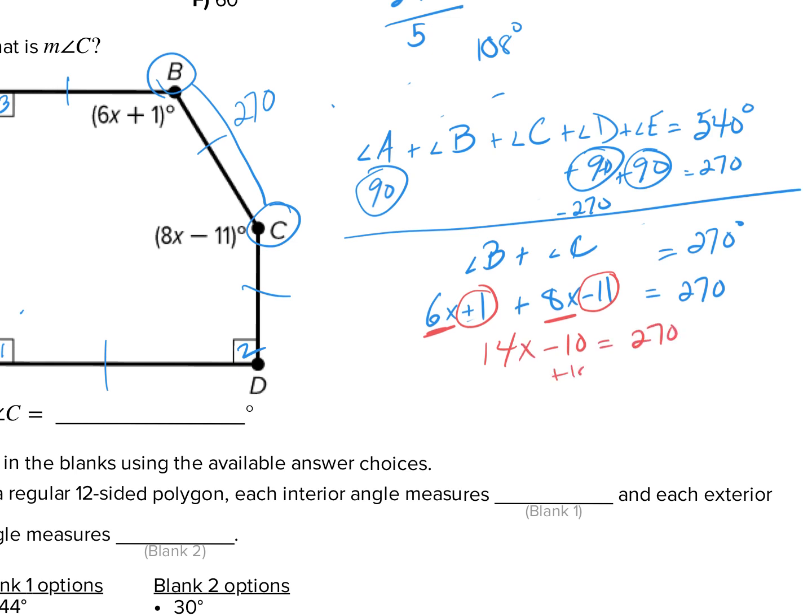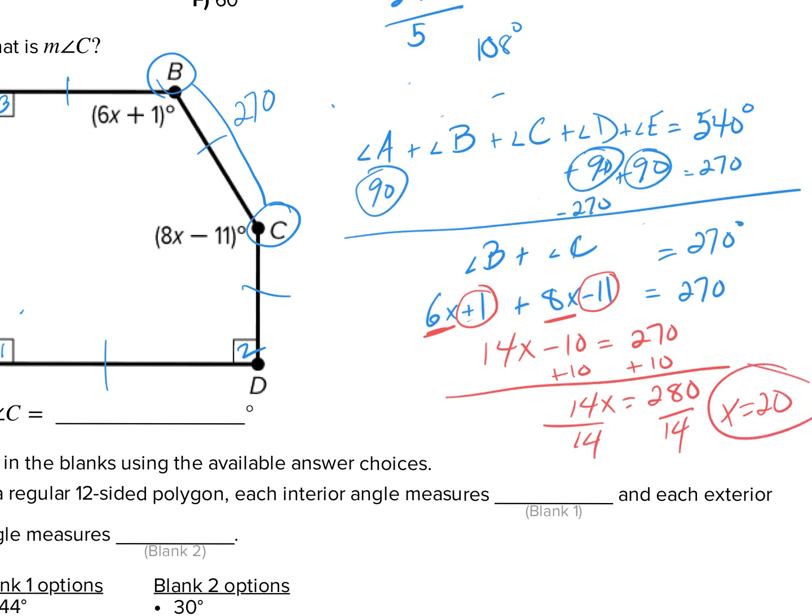Okay, so I'm going to add 10 to both sides to get x by itself, giving me 280 degrees. And when I do 280 divided by 14 to solve for x, I get x to be equal to 20.